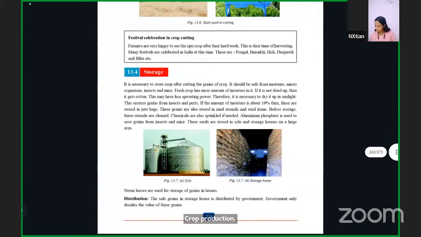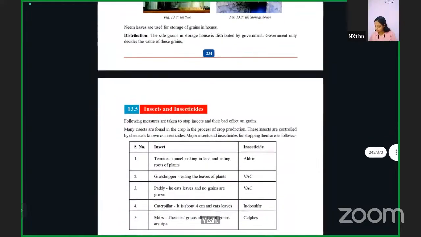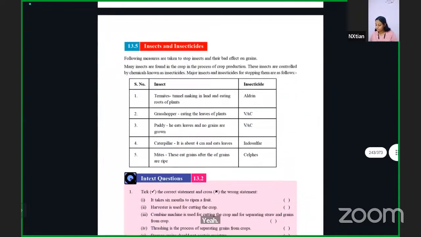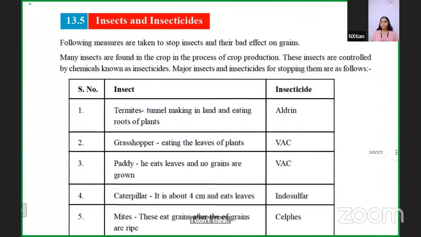No, ma'am, we have to do 13.4, Storage. Yeah, I think we finished it. Yes, I remember we have finished with this chapter. We even finished 13.5. Yes, I taught about the insects and the insecticides which are used to kill them.